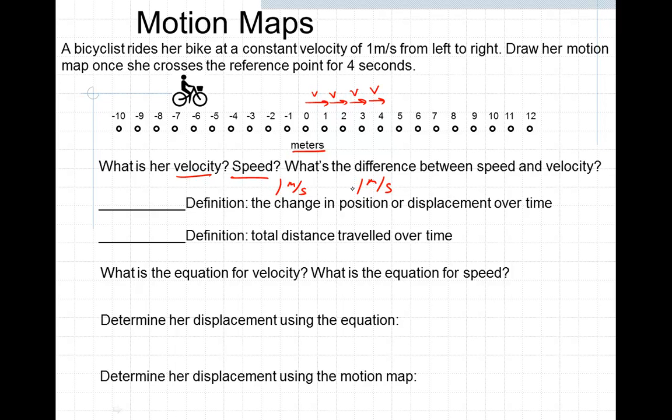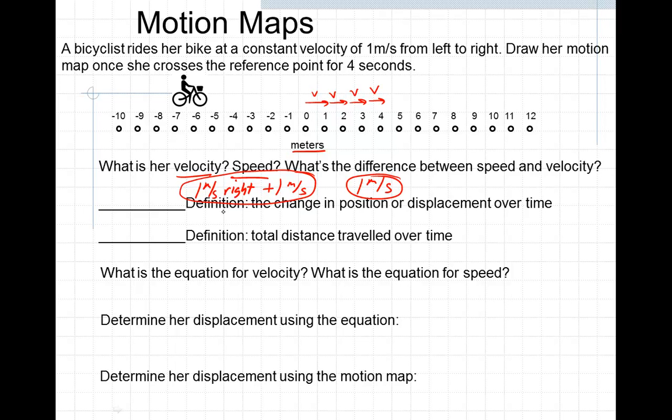I forgot to label the velocity with a direction because velocity is a vector. So I should include plus 1 meter per second, or I should say it's 1 meter per second to the right. So either of these would be a correct way of identifying the velocity. So these are two ways of identifying the velocity, and this is how I would identify the speed. Notice the speed does not have any direction.